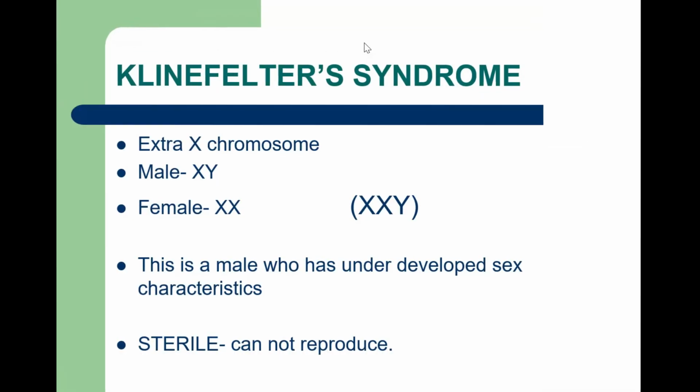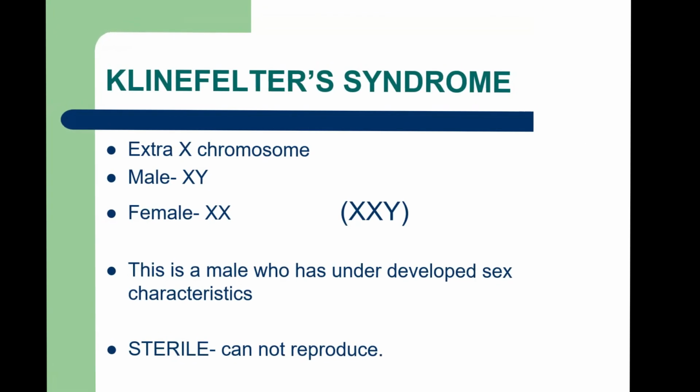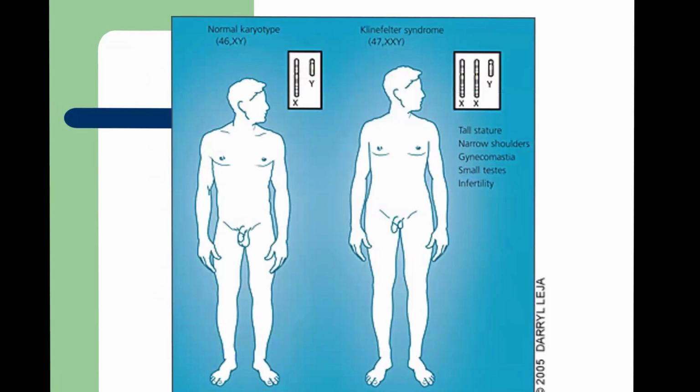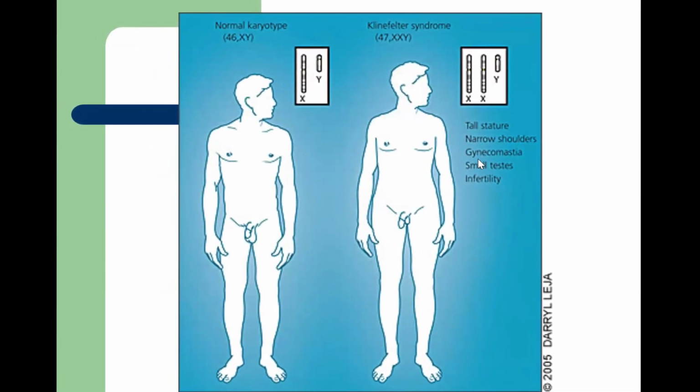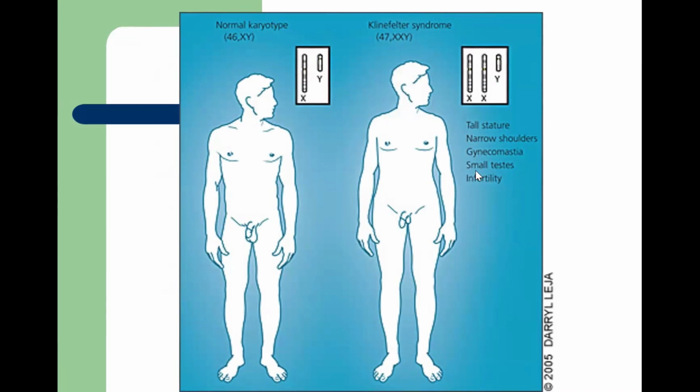So that is for Klinefelter's syndrome. They have tall stature, narrow shoulders, and they also develop gynecomastia, and then there is also small testes and infertility. So these are the signs and symptoms associated with Klinefelter's syndrome. They have 47 chromosomes with an extra X chromosome.